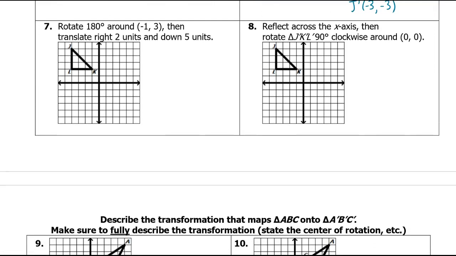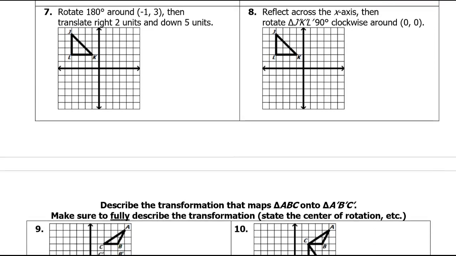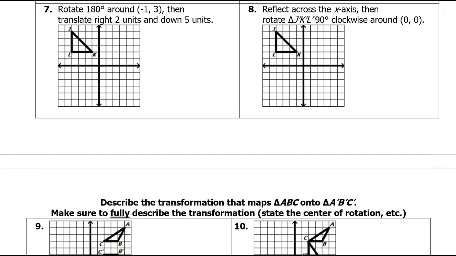Okay. Numbers 7 and 8 involve two transformations, so they're just two questions in one. For number 7, it's telling me to rotate 180 degrees around, not the origin, but -1, 3. Okay. We could, as always, use our memorized rule if we wanted.